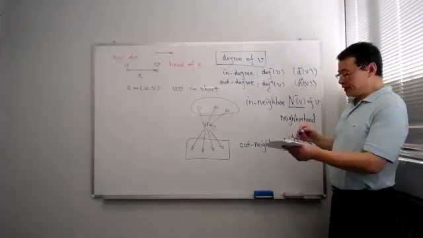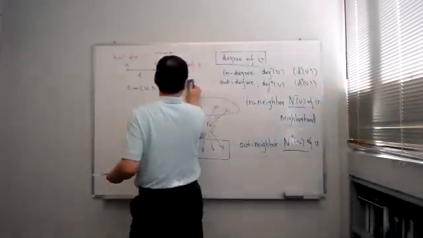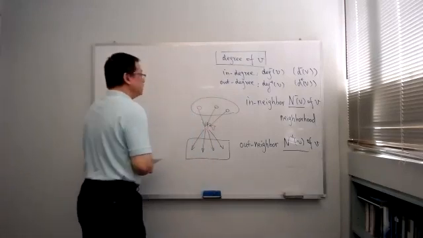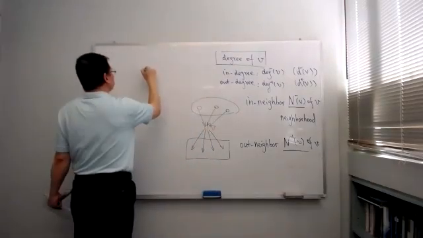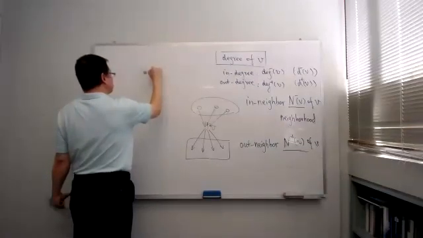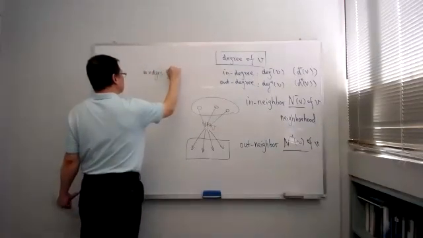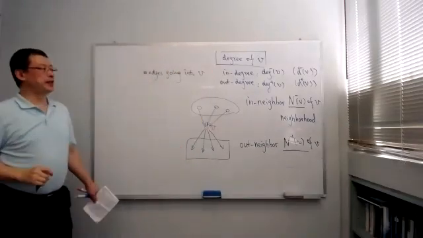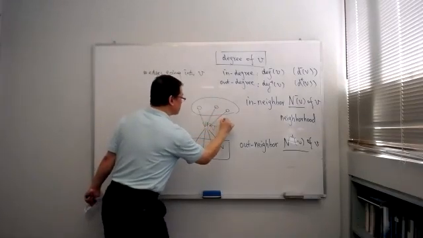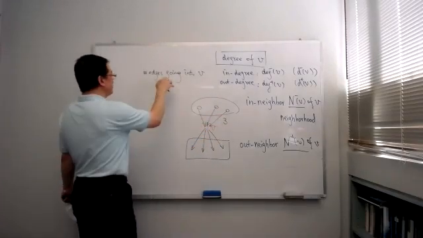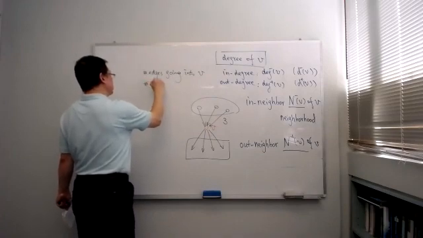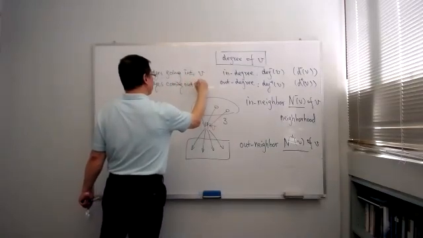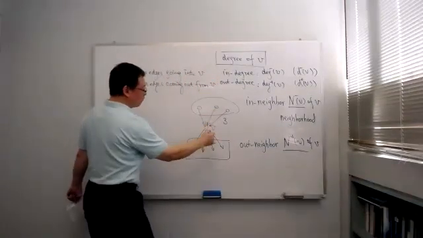So the meaning is: in degree is the number of edges going into V. So here the in degree will be 3. There are 3 edges going in. Out degree is the number of edges coming out. So here it will be 4.